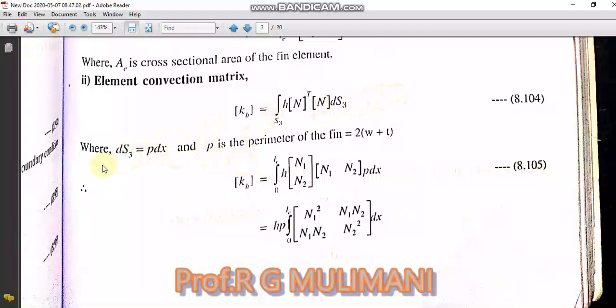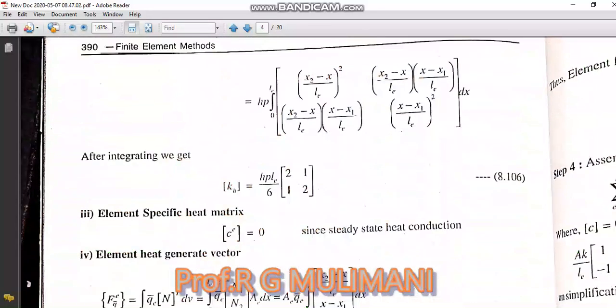The surface area can be defined as P into dx. For a rectangular element it is 2 times width plus 2 times thickness. Simplifying this and integrating, we have hPle by 6 [2 1; 1 2]. It is derived in the previous videos. You just go through those videos, where P is the perimeter, l is the length of the element, and h is the material property, that is the convection heat transfer coefficient.